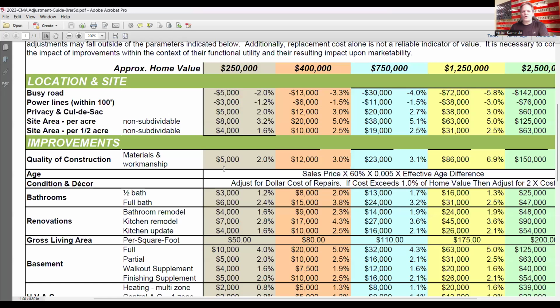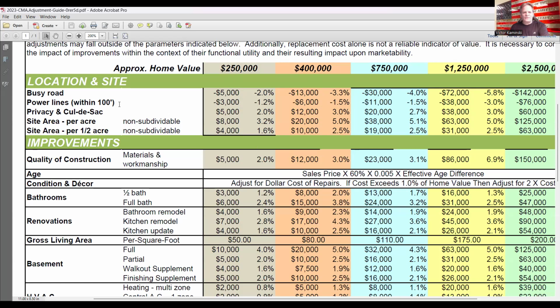Is your house worth more or less if it's on a busy road? If it's a house, versus commercial real estate which may be worth a little bit more. Residential, no. You don't want your kids playing on a busy road, do you? So busy road, you're going to subtract. How much? Well, 2% in this price range, 3.3% in this price range.